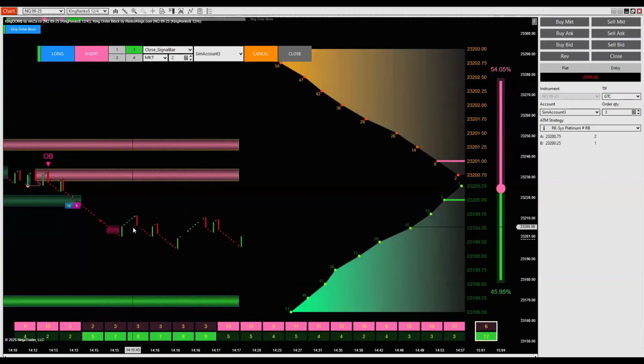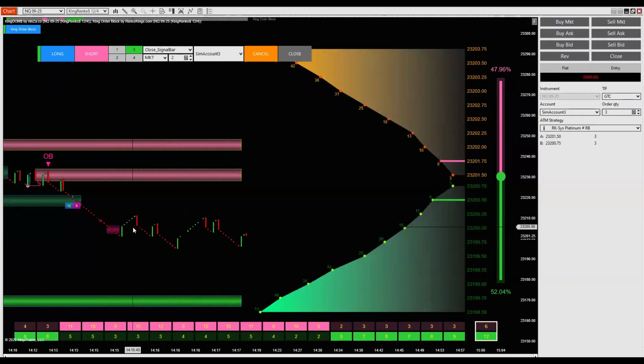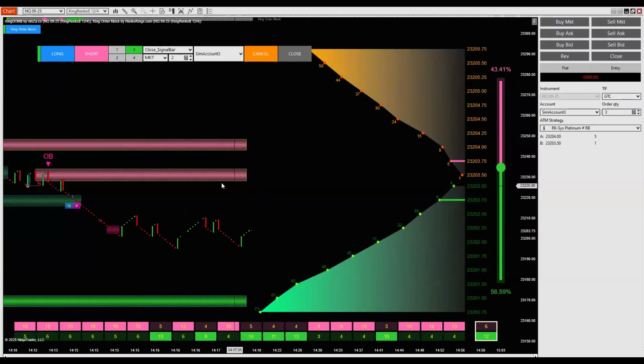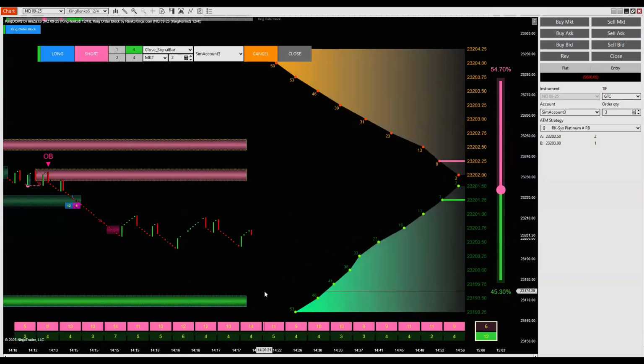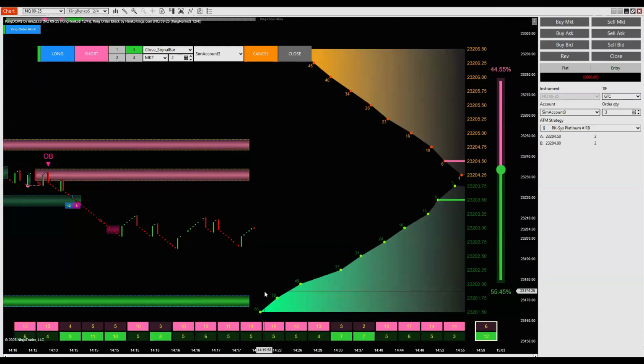So it's not just going to arbitrarily take a long or a short, even if there is a 2-to-1 ratio, because price is not in an order block zone. And as long as price is not in an order block zone, it's not going to take trades.